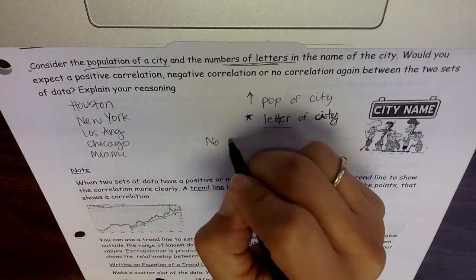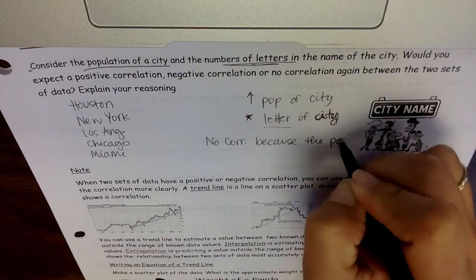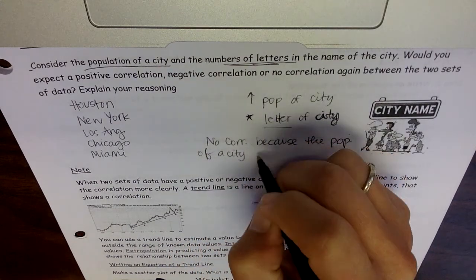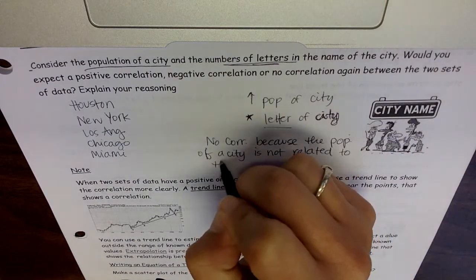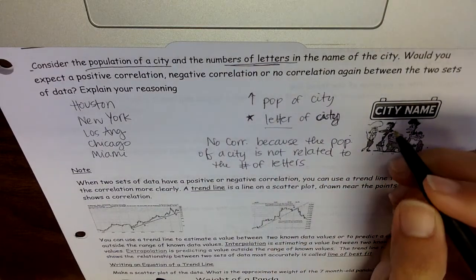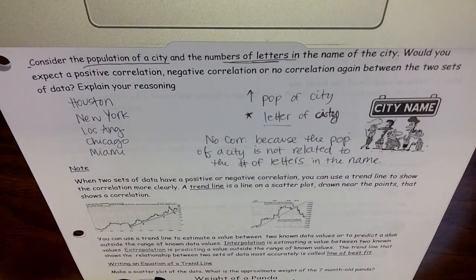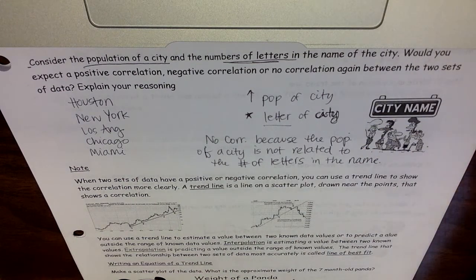And so this would be an example of no correlation, because the population of a city is not related to the number of letters. Make sure you're getting all this down. The letters in the name have nothing to do with the population. The only thing that has to do with the population is how many people move there, which has nothing to do with the city name. So that would be an example of no correlation.